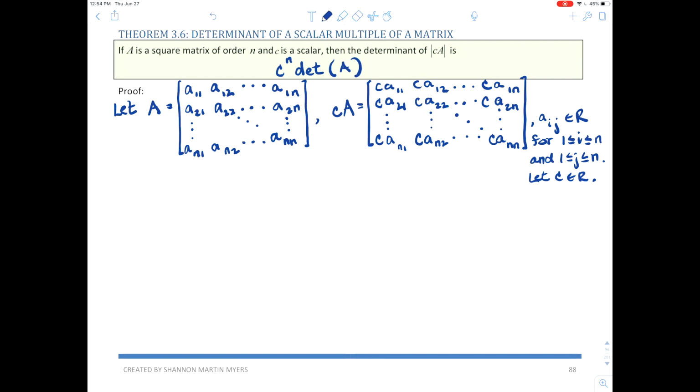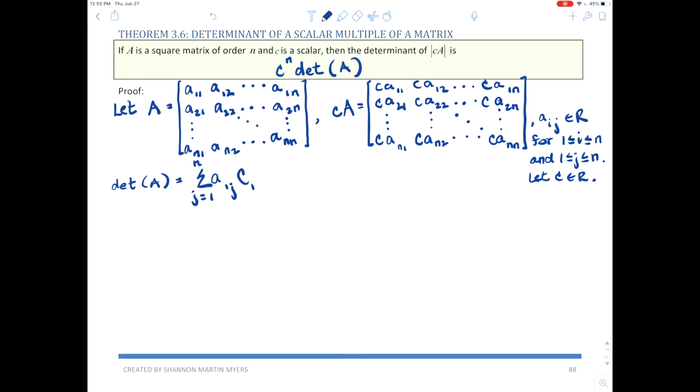We know that the determinant of A is equal to the summation from j equals 1 to n of A1j C1j, where C1j is the cofactor of the corresponding entry. I'm going to just do this expansion about the first row, all right?